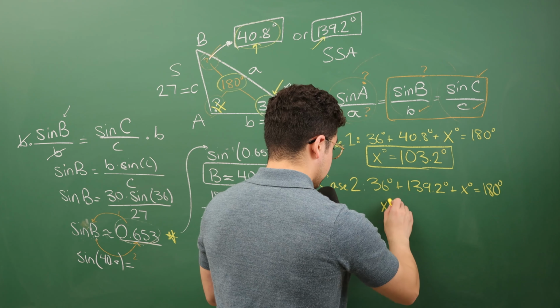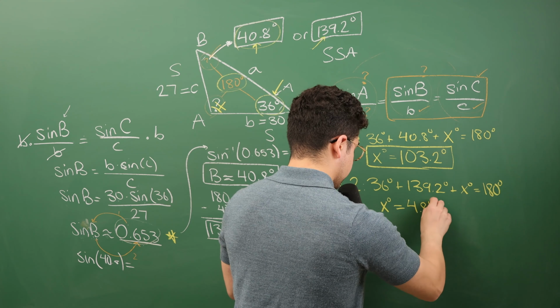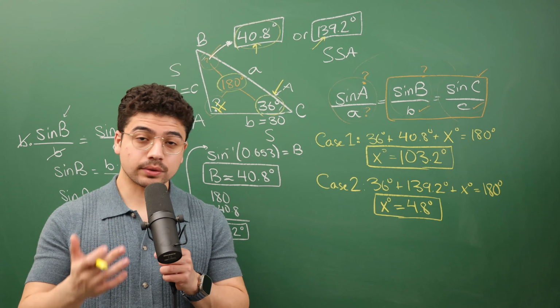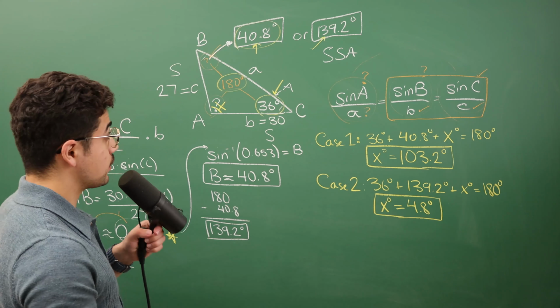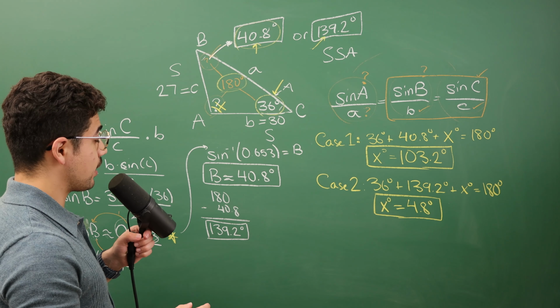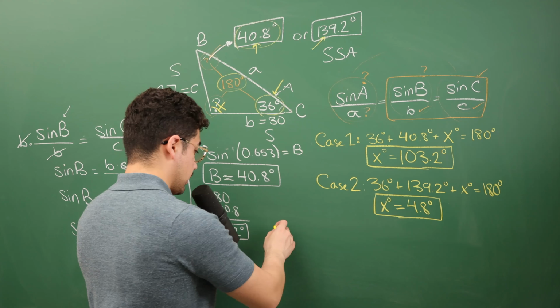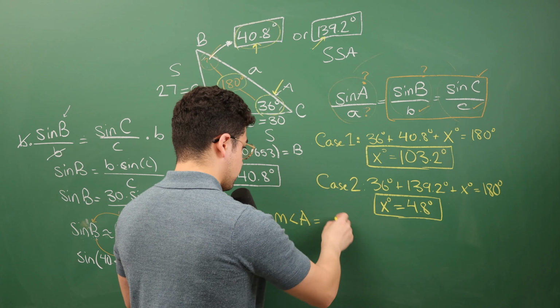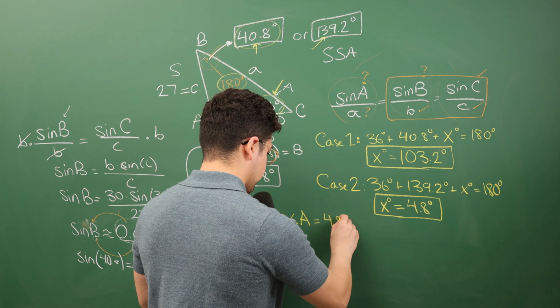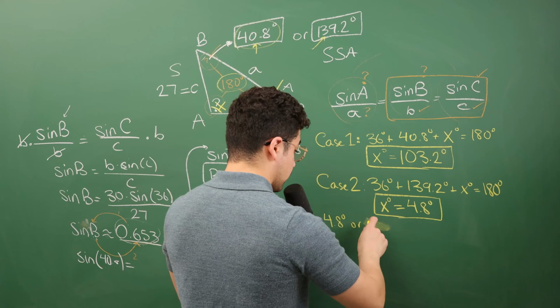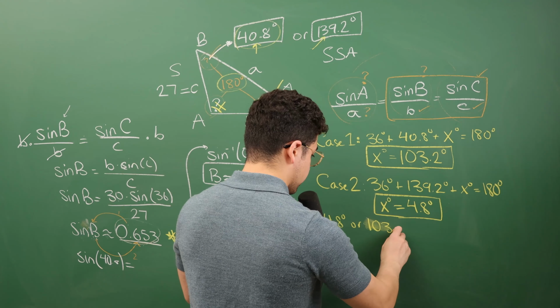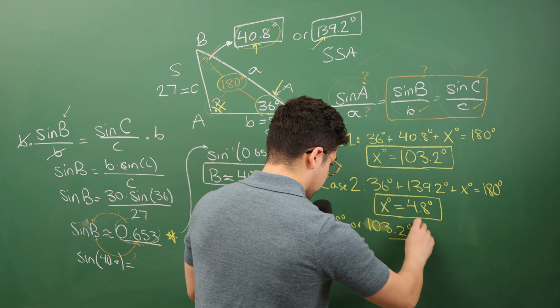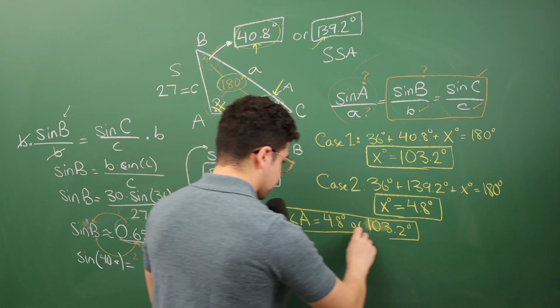And here we're going to get 4.8 degrees. And that is the second triangle, or the second solution here. So that tells us that we have two solutions. And the measure of angle A is equal to 4.8 degrees or 103.2 degrees. That would be my final answer here for this problem.